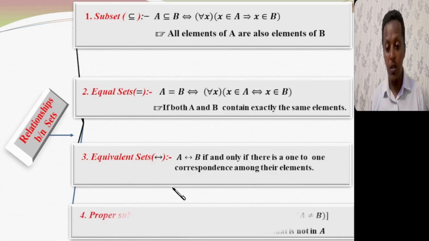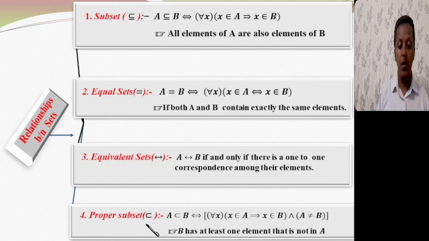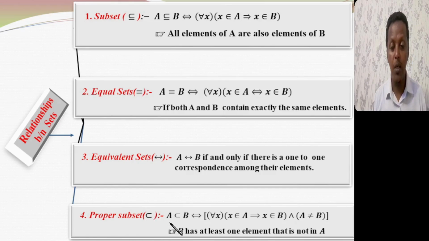Now the fourth relation is the proper subset. This is the symbol of proper subset.